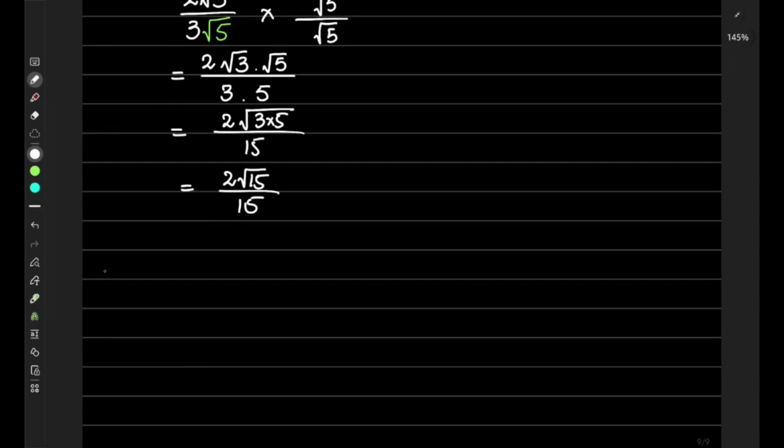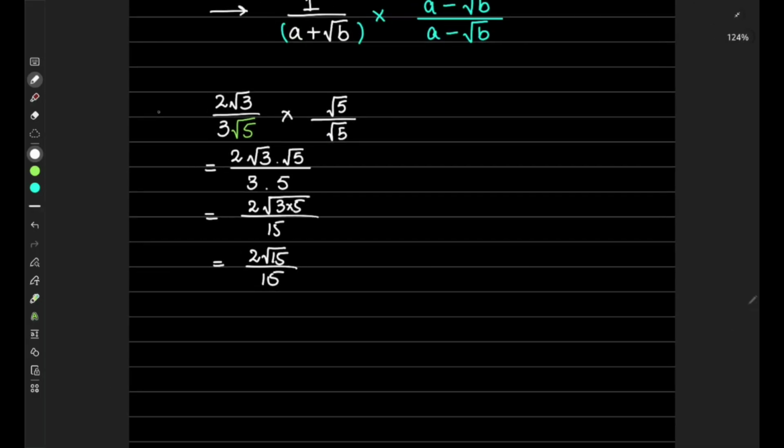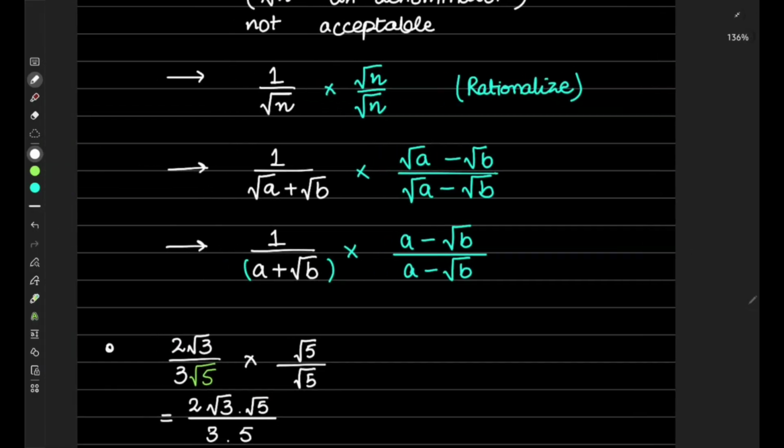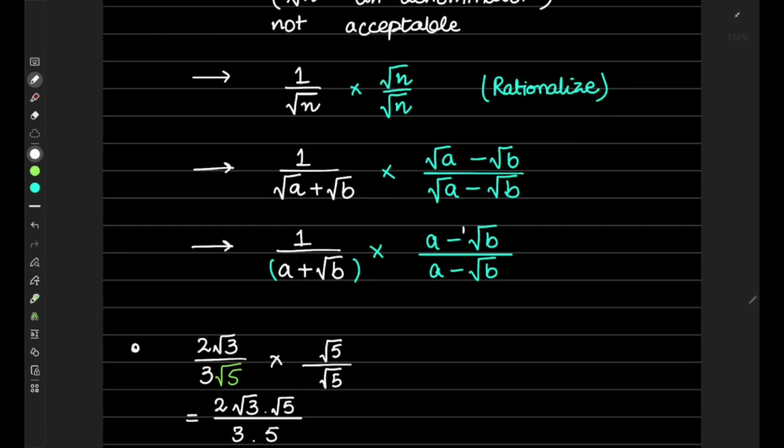Now let's take one more example when you will be having two surds added up in the denominator. So for example, if you have root 3 over root 7 minus root 2. Okay, here, if there is a plus, then here will be minus.